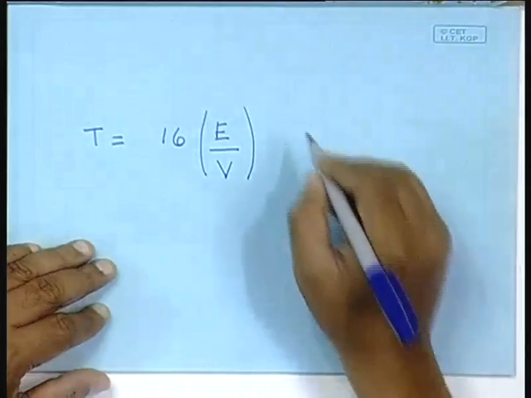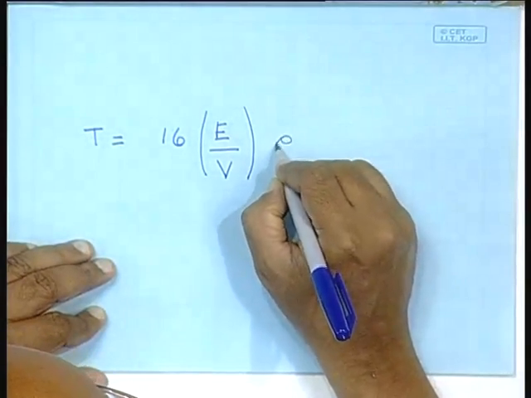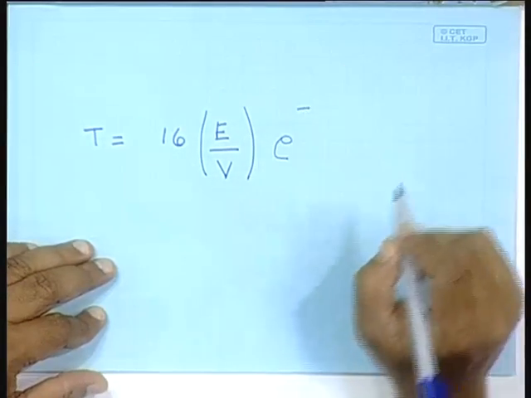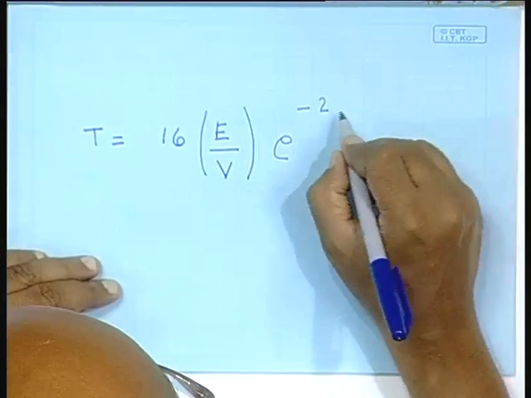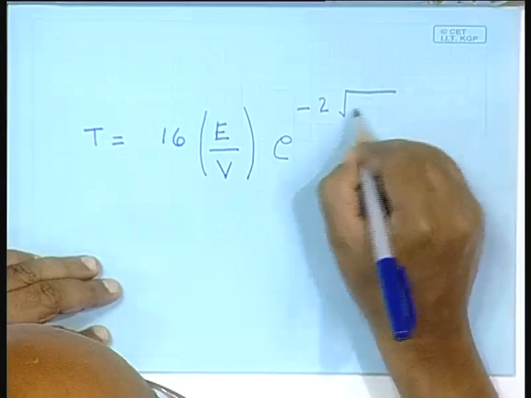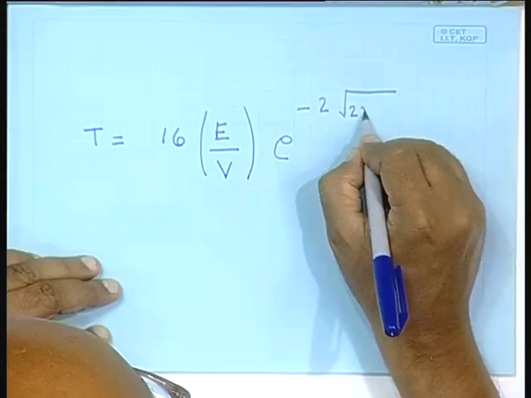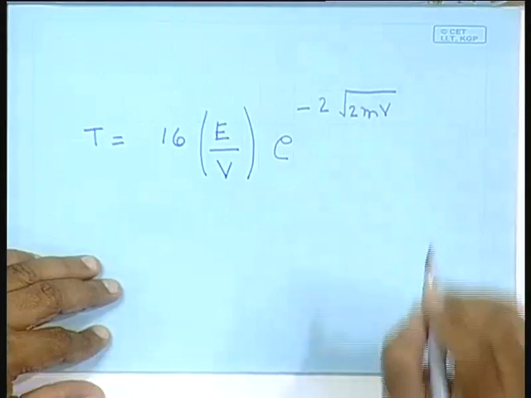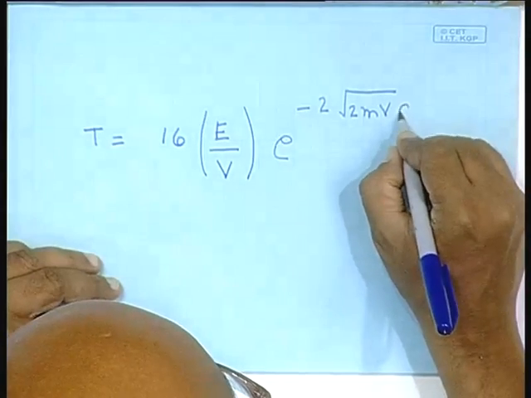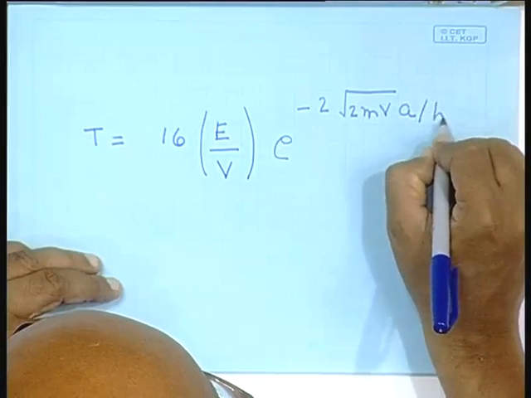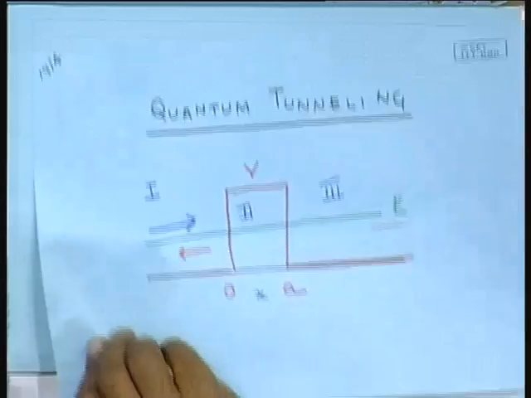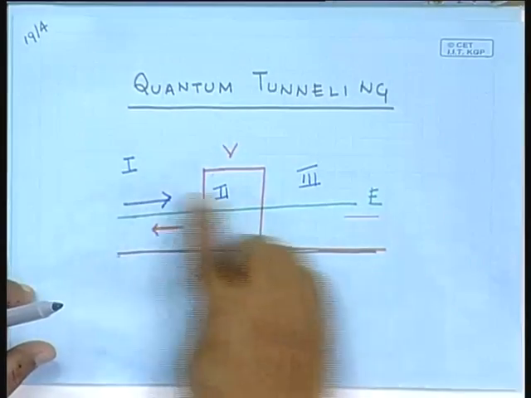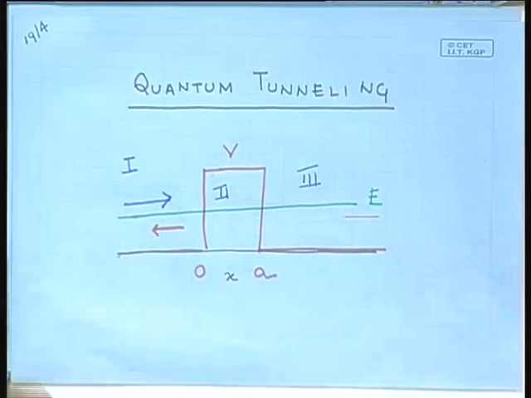Most of the particles are going to get reflected. This is multiplied by e to the power minus 2 times the square root of 2mV into a divided by h cross. So, that is the probability that a particle incident from the left tunnels through and is found on the right.